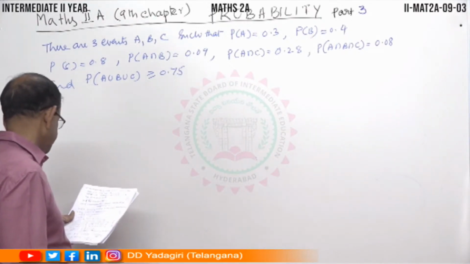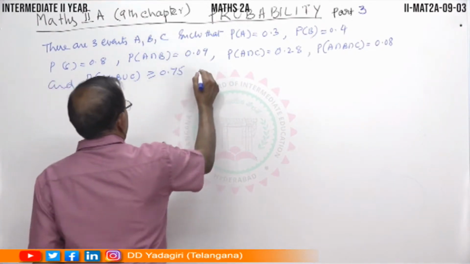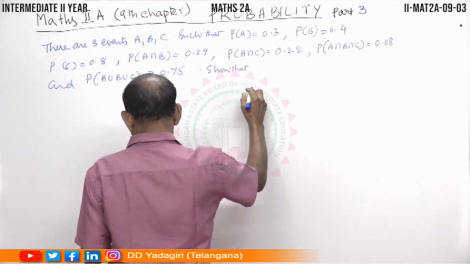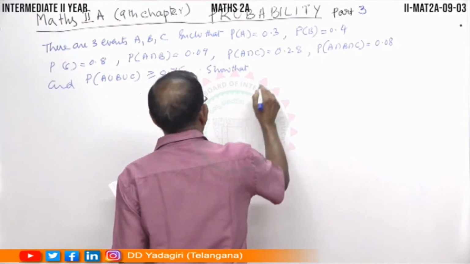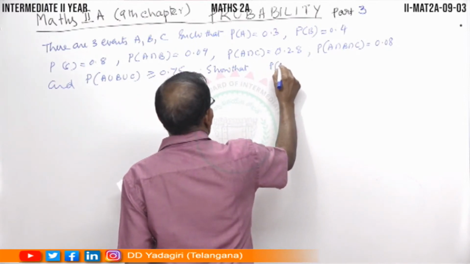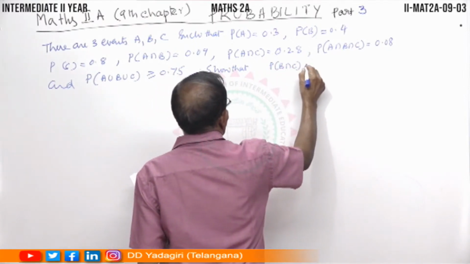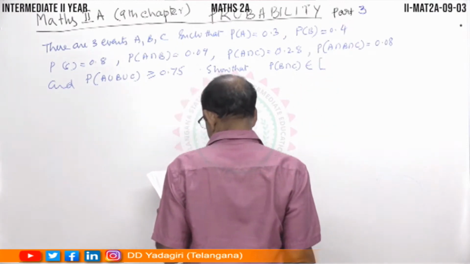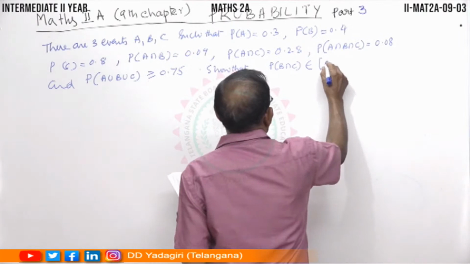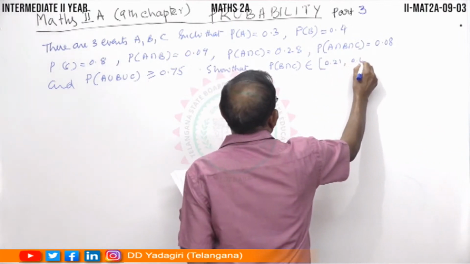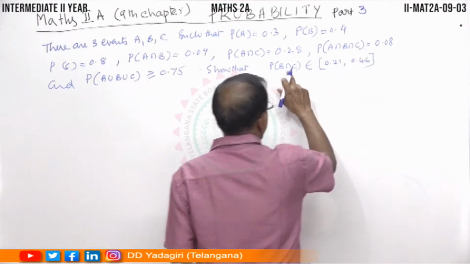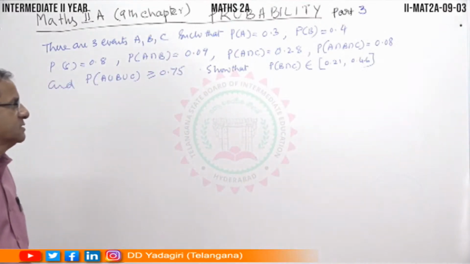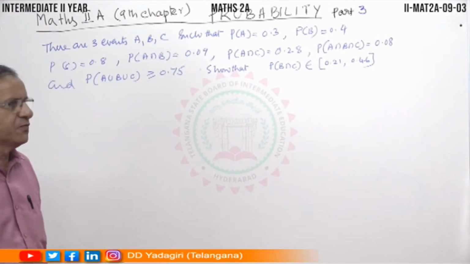Show that P of B intersection C belongs to the closed interval 0.21 to 0.46. We have to show that this value P of B intersection C lies between 0.21 and 0.46.